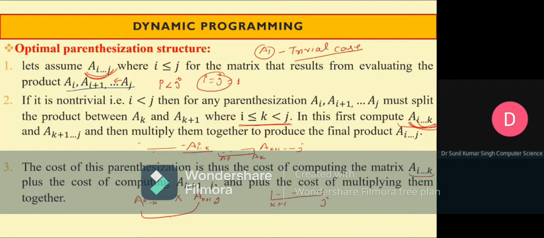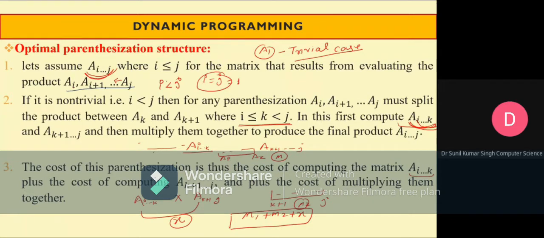These two matrices also will give some cost, let's say X. So whatever the multiplication cost is coming from here, let's say M1, and from here M2, and then X. So it will be M1 plus M2 plus X. So this is the optimal structure.